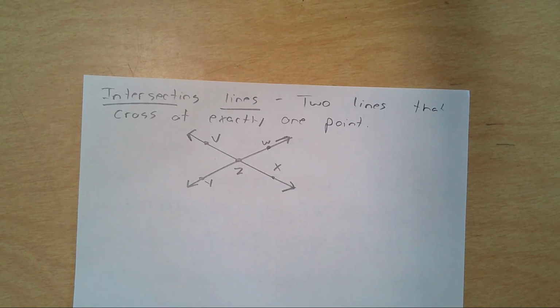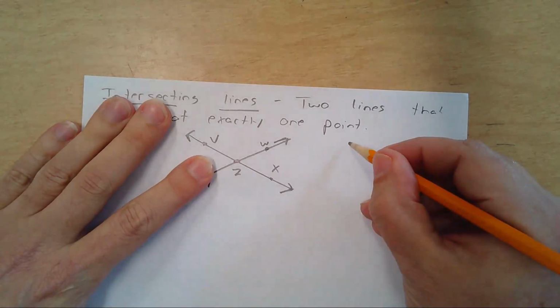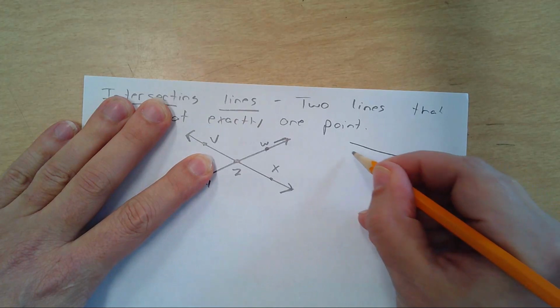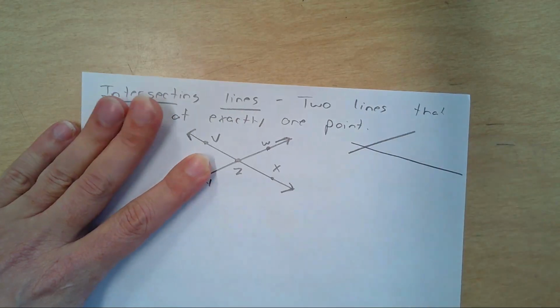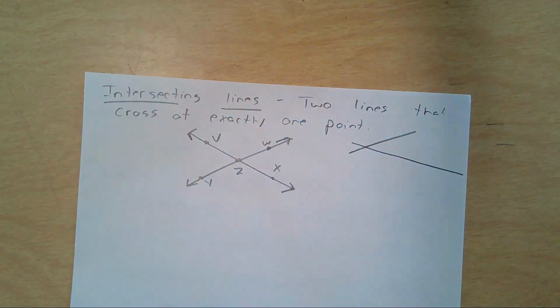Really all there is to it. Probably one of the easier terms to understand, because I think you know what it is. Intersecting lines will always form an X of some sort. Doesn't matter how narrow it is. I can draw them forever, but as long as they connect at some point, they are intersecting lines.